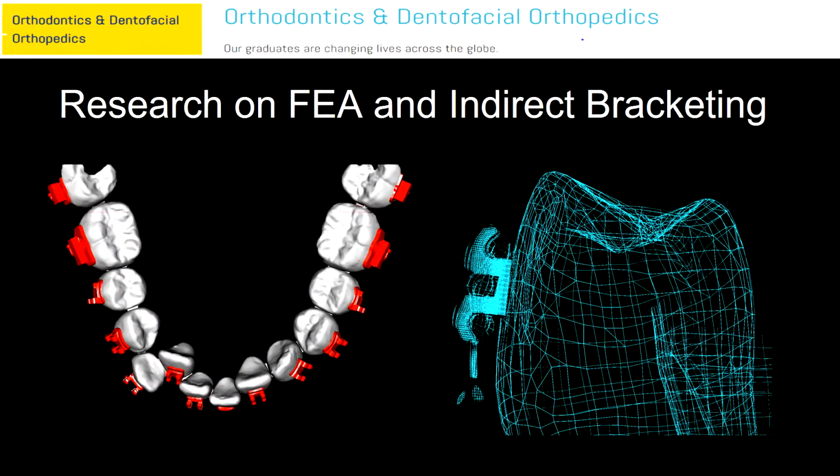And we also do some research. I'm just starting this research on final tenement analysis, which you can see on the right-hand side, which is a reconstruction of a bracket and a tooth. And on the left side, what we have is the rendering of it with the brackets and the teeth. We can now move the teeth into their normal position on the computer and reverse engineer the placement of brackets. It's still not perfect.